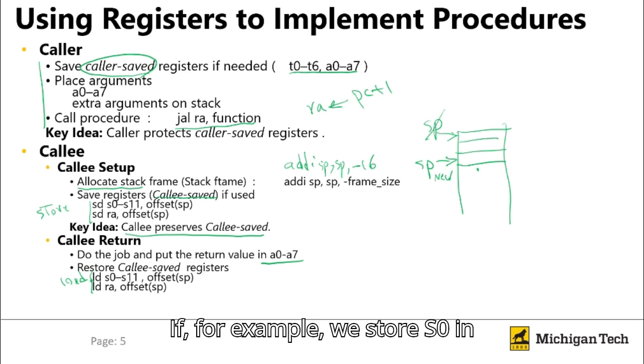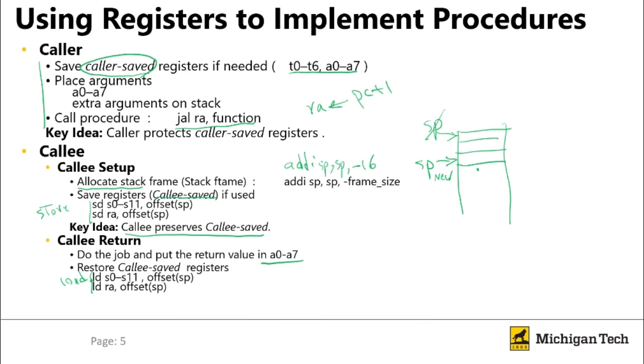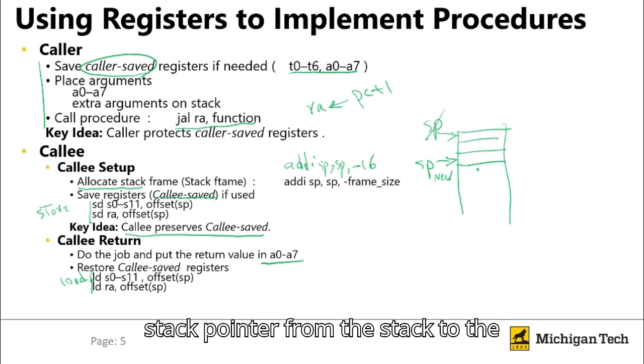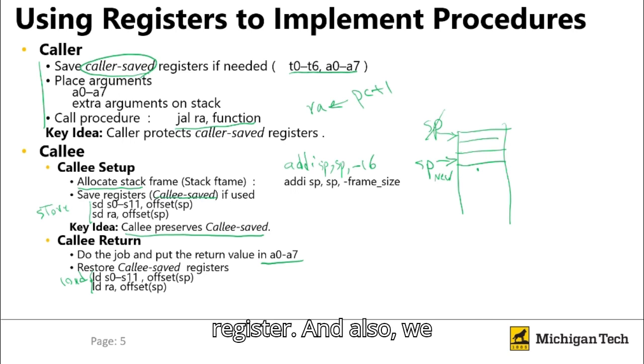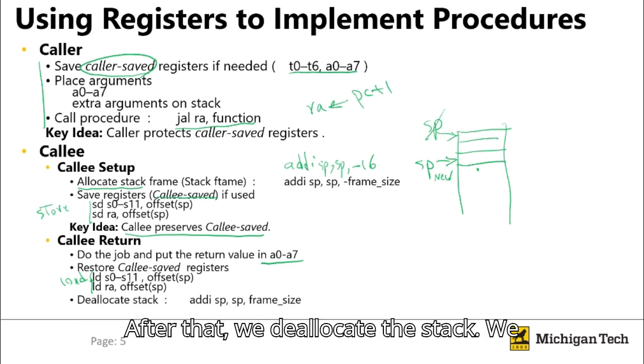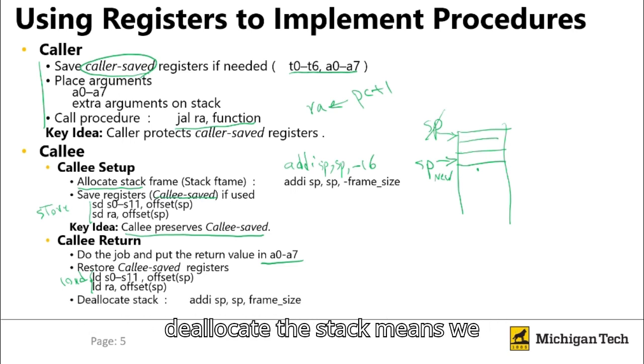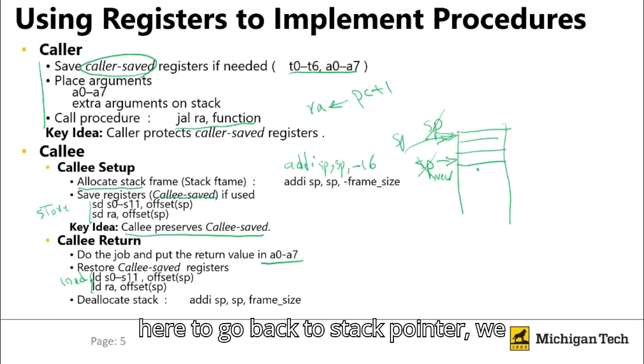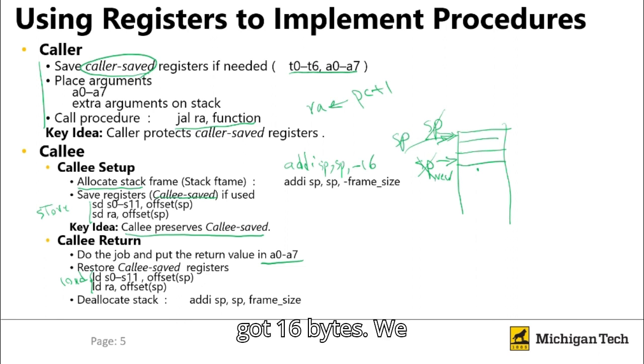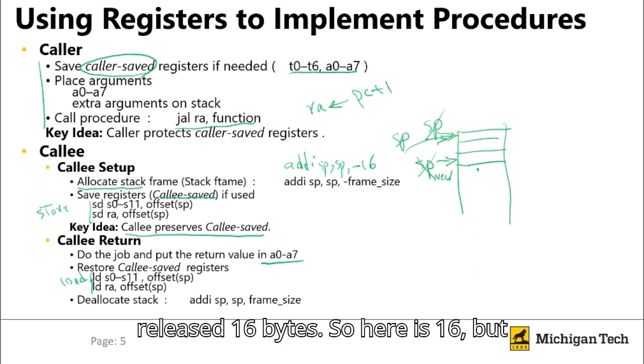If, for example, we stored S0 at an offset, we load from the stack pointer, from the stack to the register. And also we load the return address. After that, we deallocate the stack. Deallocating the stack means we change the stack pointer to go back. We got 16 bytes, we release 16 bytes.